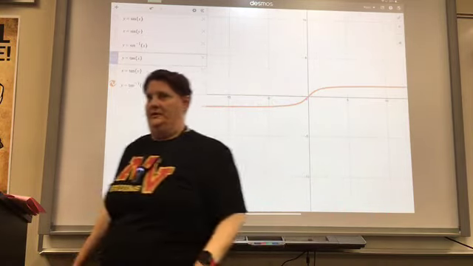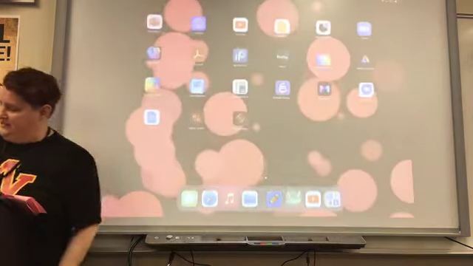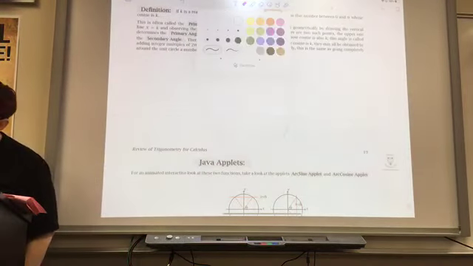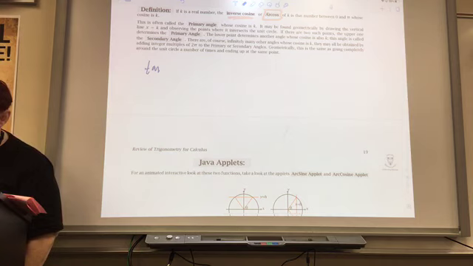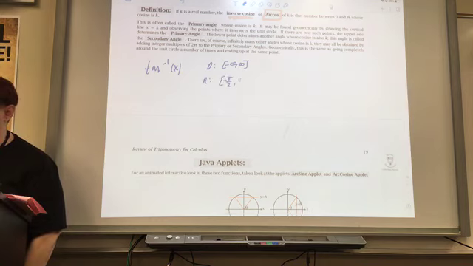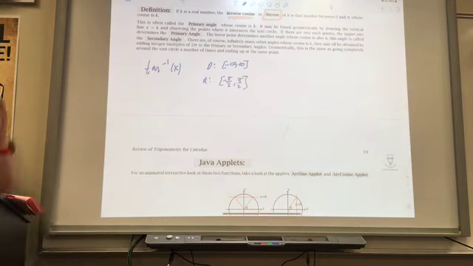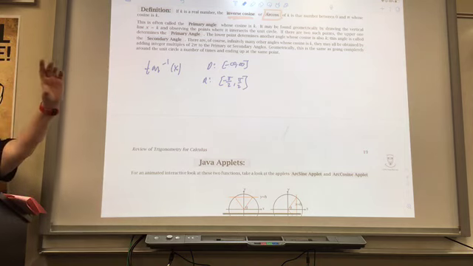It goes negative infinity to infinity. So for inverse tan, my domain is negative infinity to infinity, but my range is negative pi over 2 to pi over 2, because it turned on its side and it's between those two things. Make sense?